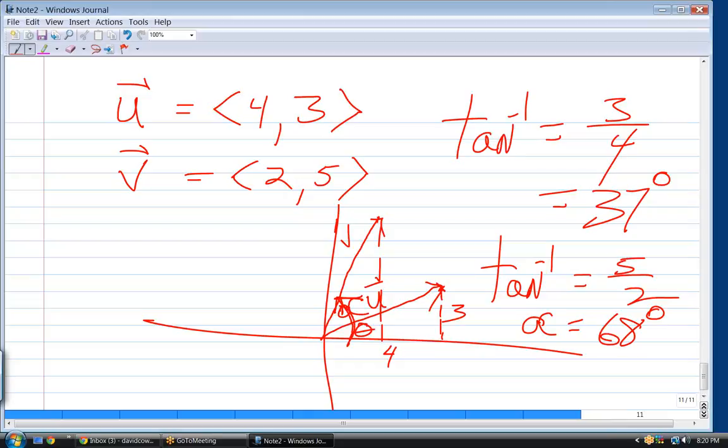Now they want the angle between the two vectors. There happens to be a formula for that. Wouldn't you just add the two angles together and divide by 2, or is that something else? Actually, it looks like you can just take alpha minus theta. However, there is a formula for this. Not quite sure why, but there is. I'm trying to find it.